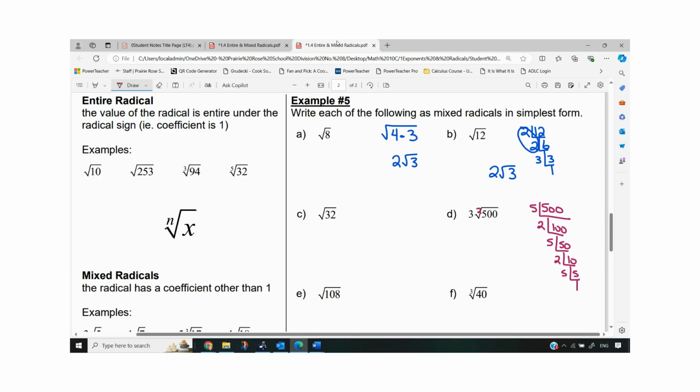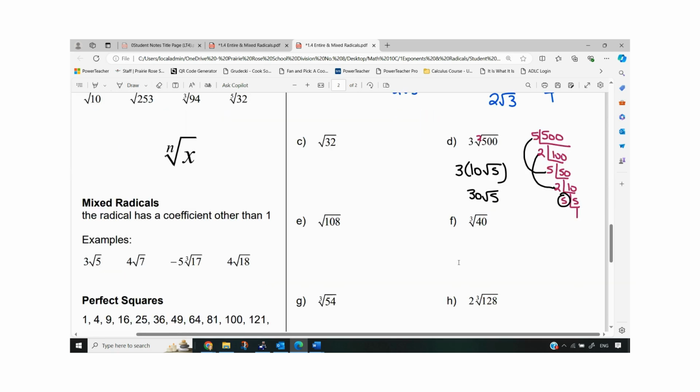I'm square rooting, so I have to look for pairs. So I have a pair of 5's here, and I have a pair of 2's here. So 5 times 2 is 10. And notice I have a leftover of 5. Now remember, I still have that 3, so that has to come out. 3 times 10 is 30, and I'm left with 30 root 5.